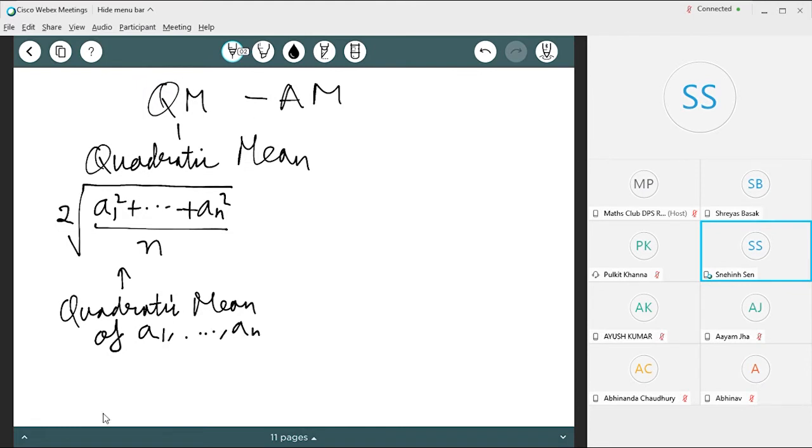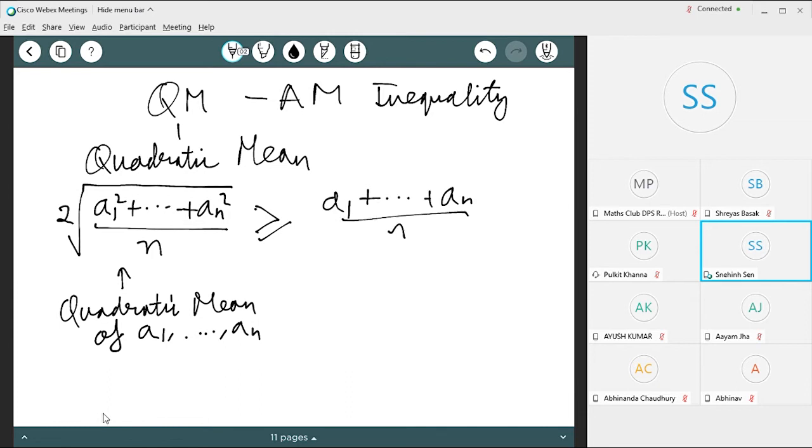It's called quadratic because of a1 square to an square, but we can call it quadratic mean. The quadratic mean inequality says this quadratic mean is greater than or equal to the arithmetic mean. Again, equality holds if and only if a1 equals a2 equals dot dot dot equals an.